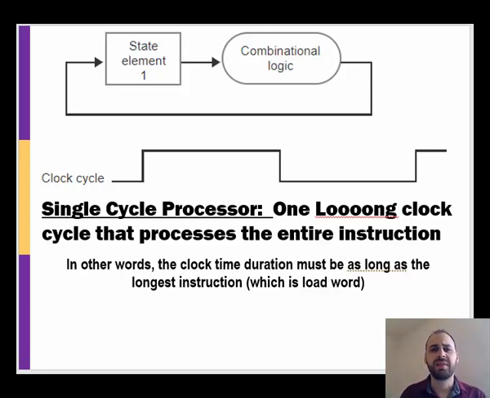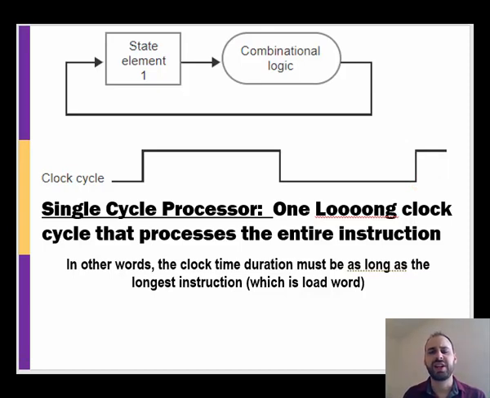Okay, so we can see by looking at this image that we've got the state element starting at the rising edge, and we have some combination of logic running through the falling edge of the clock cycle, and this all has to finish by the time we get to the next rising edge. So we have a bit of a restriction in the single cycle implementation.